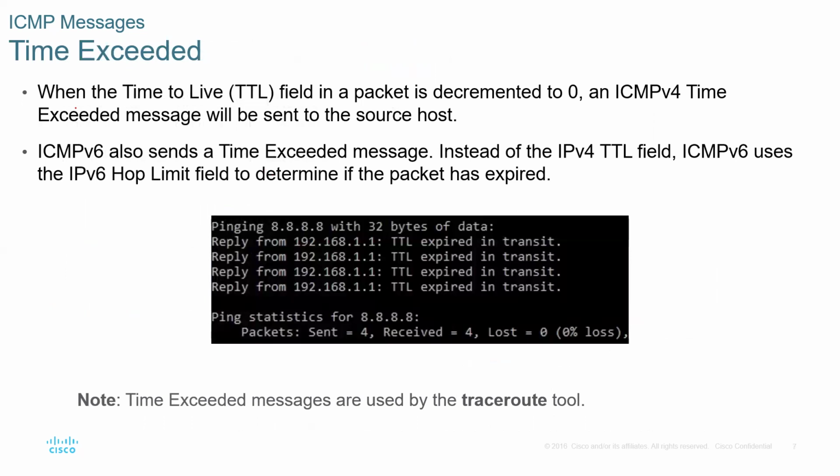Now, how about the time exceeded? Remember when we were looking at the IP header, we looked at something called the TTL. The TTL simply means time to live. When the time to live field in a packet is decremented to 0, the IP version 4 time exceeded message will be sent to the source host.